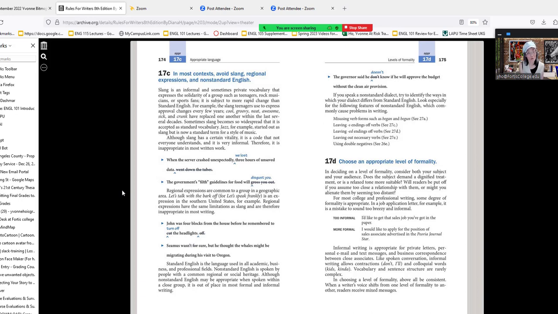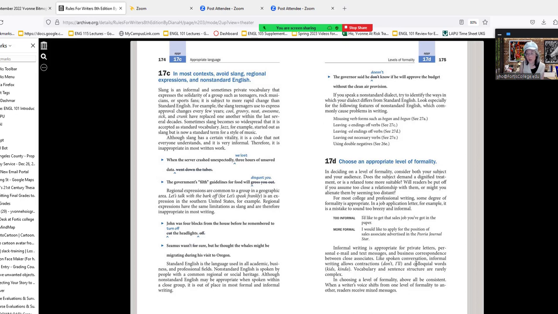So more formal English sounds more mature. "I would like to apply for the position of sales associate advertised in the Peoria Journal-Star." Informal writing is appropriate for private letters, personal email and text messages, and business correspondence between close associates.